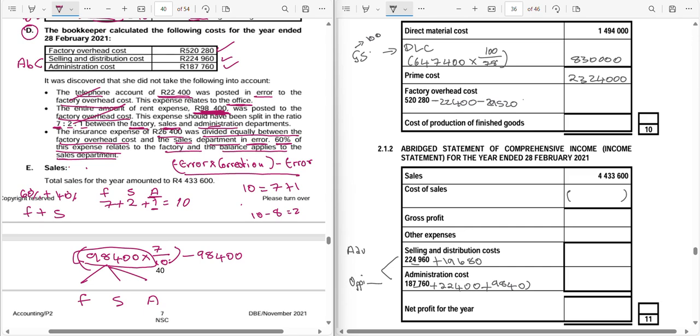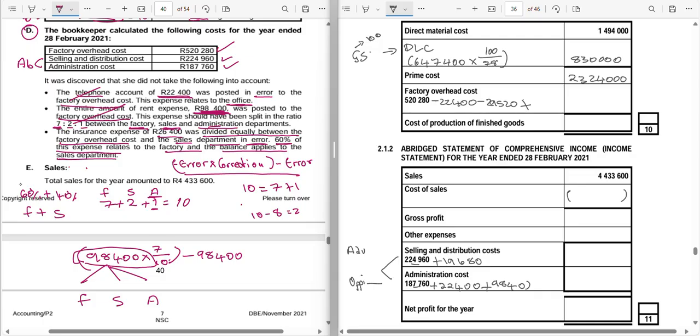What they did, they said 26,400 divided by 2, right? Then we get how much? 13,200. So meaning that we under allocated there by the factory, meaning that we should look for what? We should look for 10%, right?